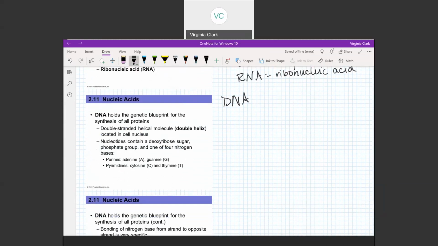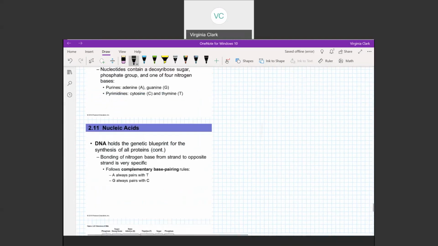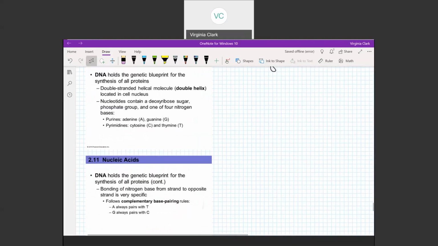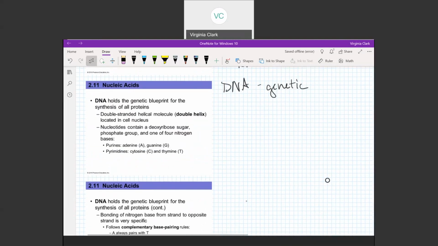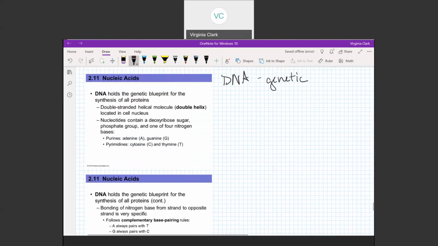What is happening in this? This is our genetic blueprint. This is important for all of our who and what and makes us up. It is going to be double-stranded, have specific nucleotides. So what I'm going to do is take these two charts right here and put together a comparison between DNA and RNA.